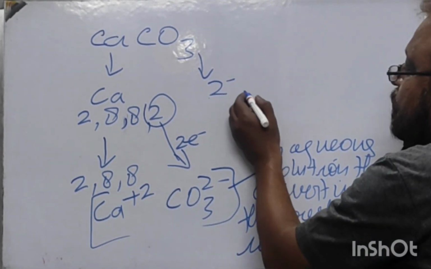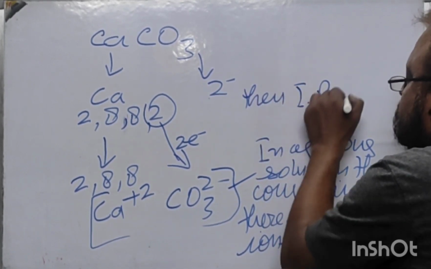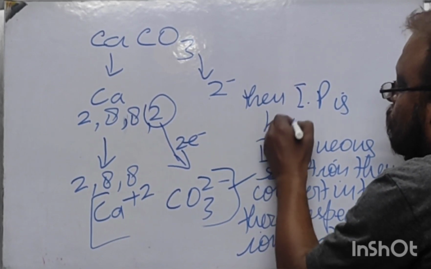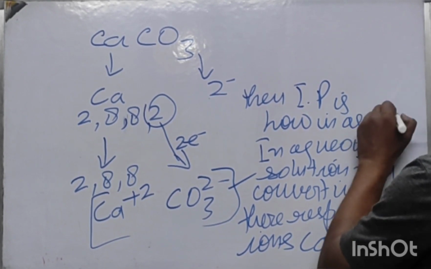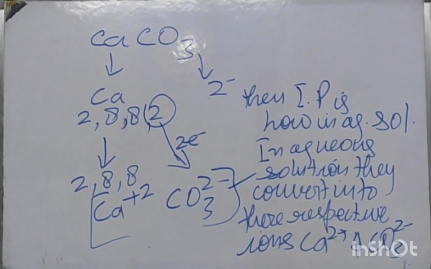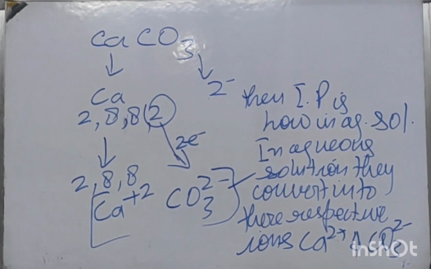Then ionization potential is low in aqueous solution. Ready? So this is what we have by transferring of electron. One is giving, another one is taking, right? So this is calcium carbonate, and similarly there are many more, right?